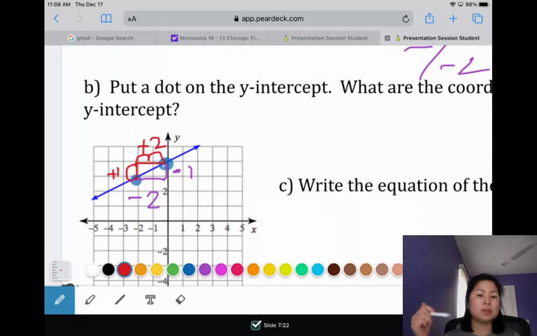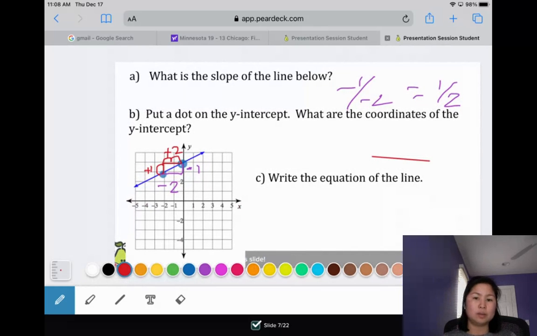So when you put them together, it's going to be 1 over 2. It's going to be the same no matter what. So it doesn't matter if you draw the triangle above the line or below the line. Just remind yourself, down, negative, left, negative. Up and right, they're both positive, right? Okay.